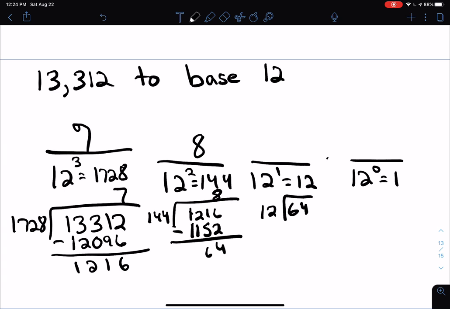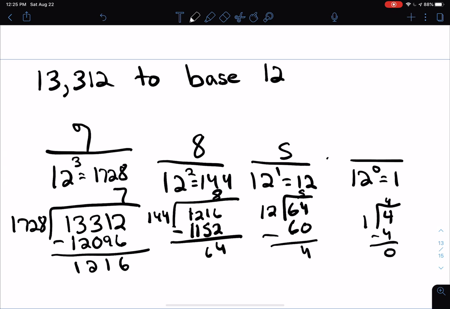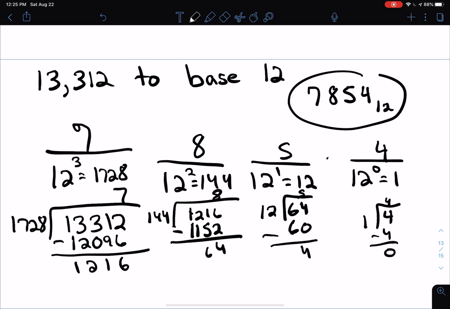So 12 times 5 is 60. And then 4 divided by 1 is going to be 4. So we have 7, 8, 5, 4, base 12. That one did not end up using the letters, but it still worked.